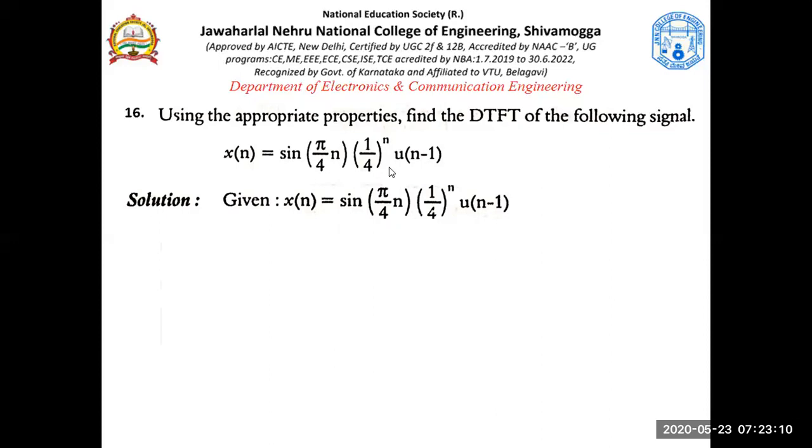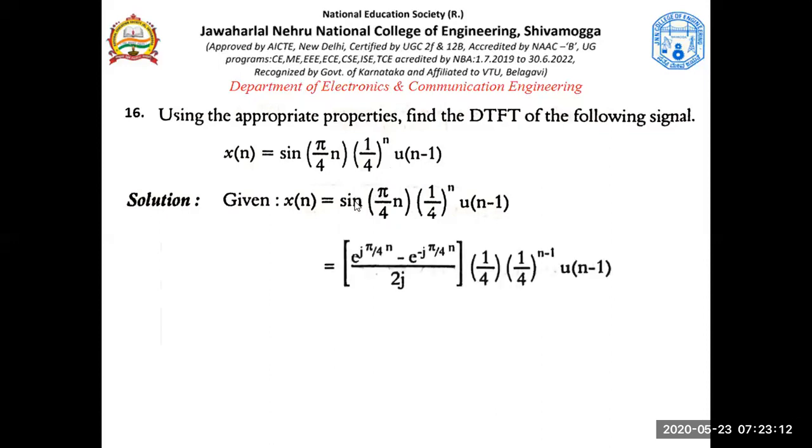How to take care of that? This sinusoidal is written as the complex exponential here. Since we wanted minus 1 here, 1 by 4 to the power minus 1 and 1 by 4 to the power 1 is taken. This is the compensation of 1 by 4 to the power minus 1.